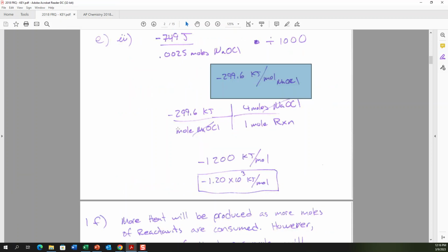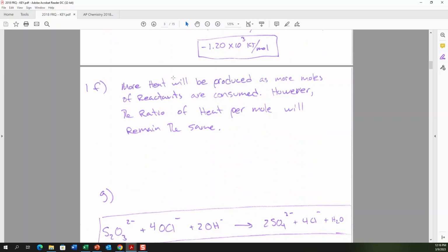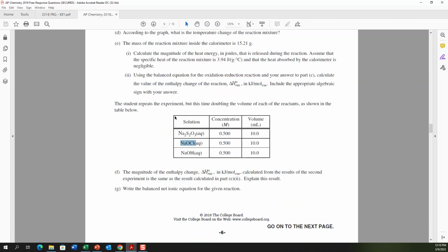And so everything would come out to be the same. So more heat will be produced as more moles of reactants are consumed. However, the ratio of heat per mole will remain the same. Okay, so that's our answer for part F.